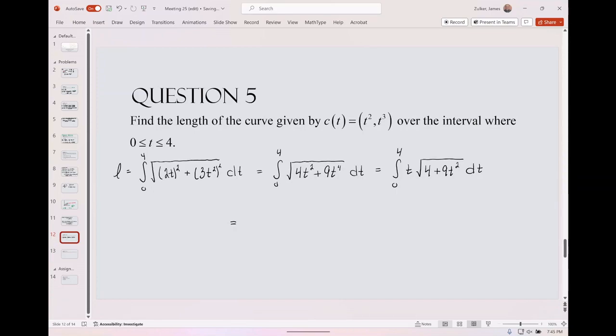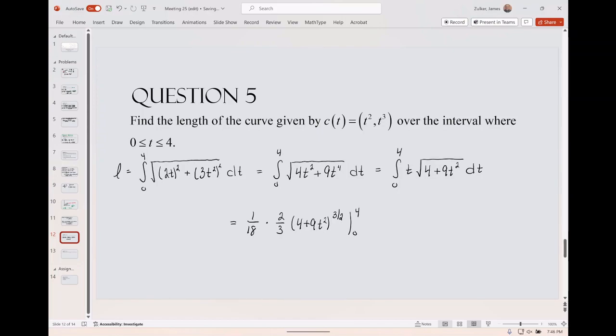Derivative of 4 plus 9t squared is 18t, right? We don't have an 18t. We do have a t, though. So multiply by 1/18. Right?